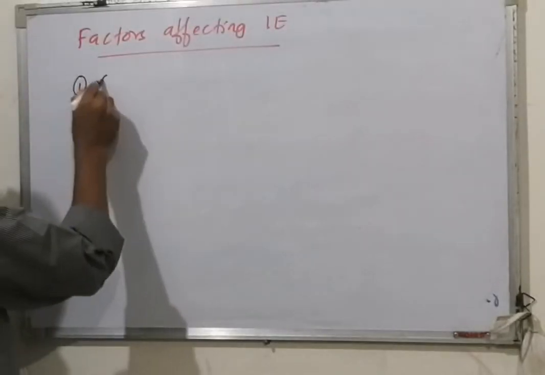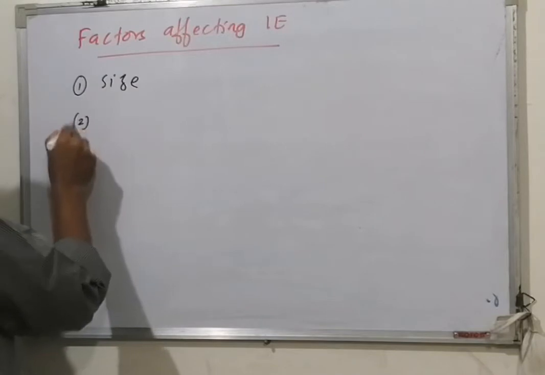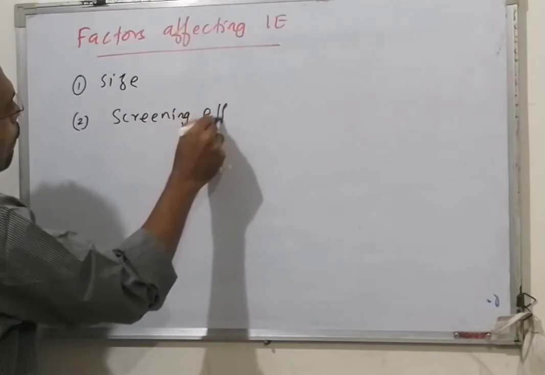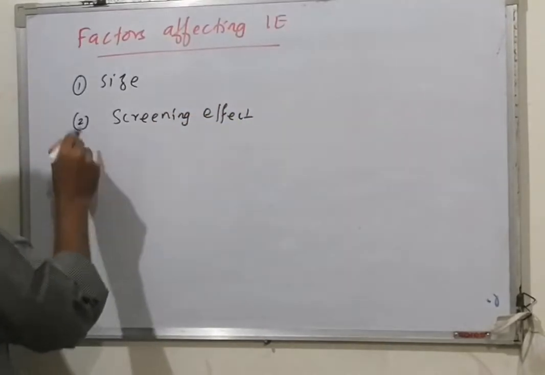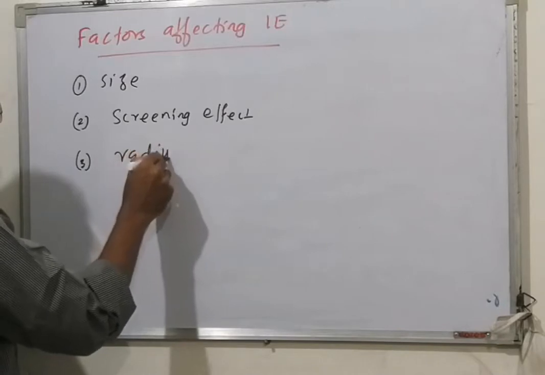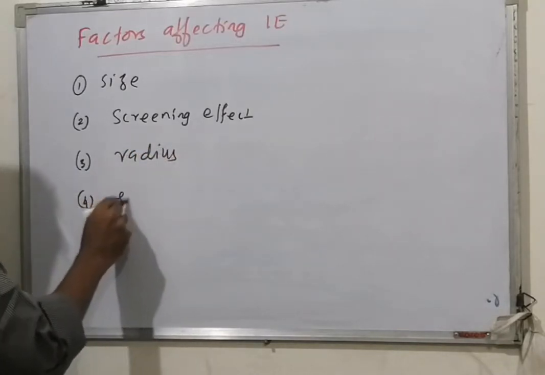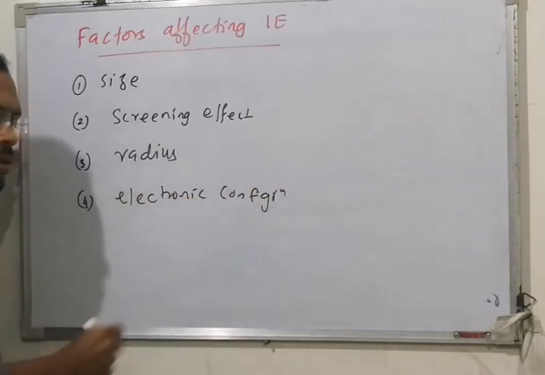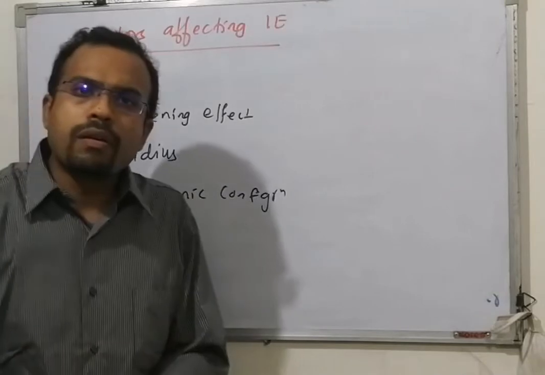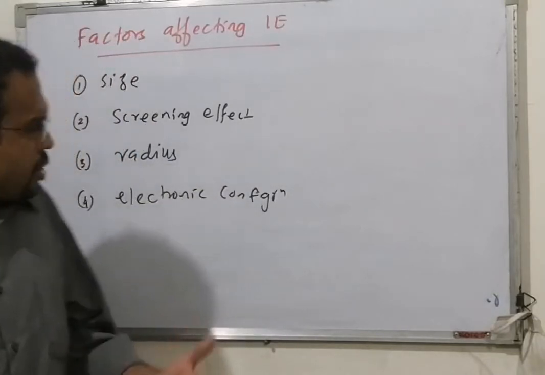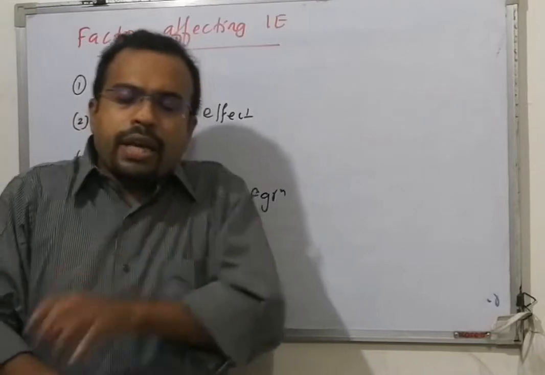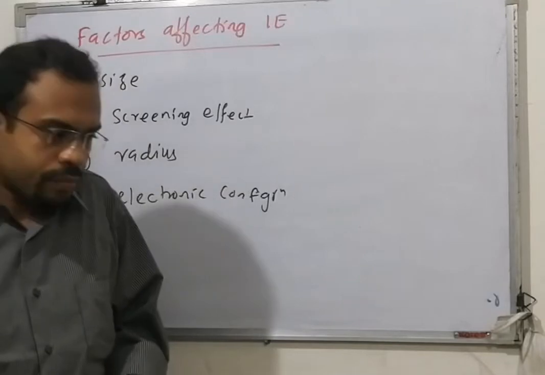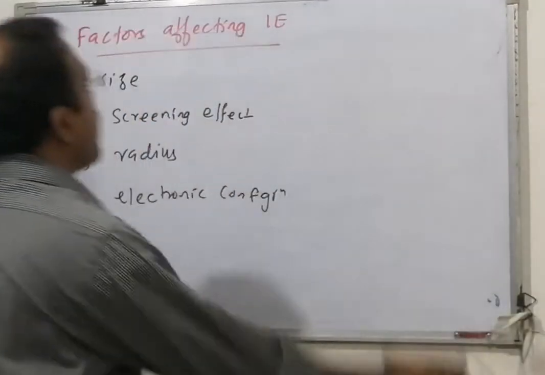There are different factors: first, size or radius; second, screening effect; third, nuclear charge; fourth, electronic configuration. Okay, but we need a technique to answer these questions in a simple way. Let us discuss common elements.